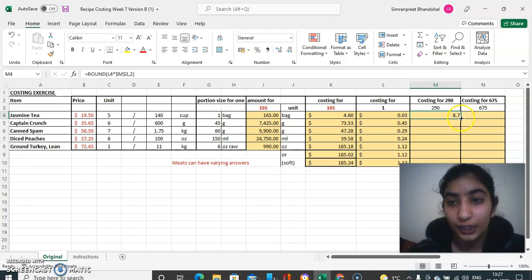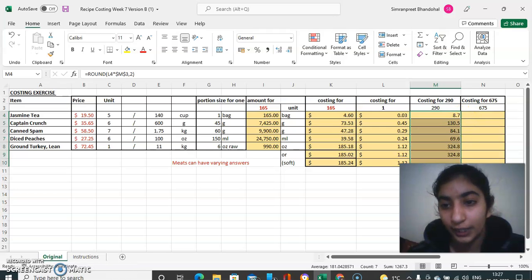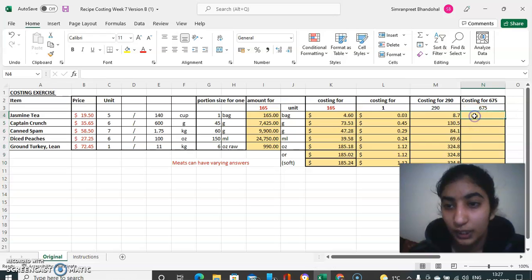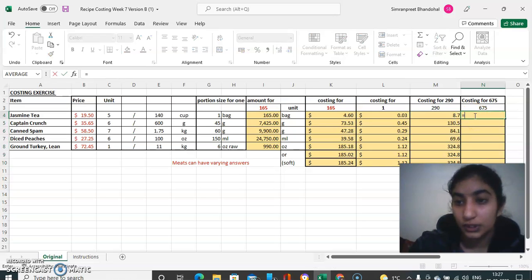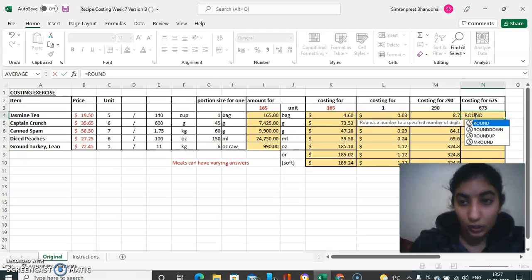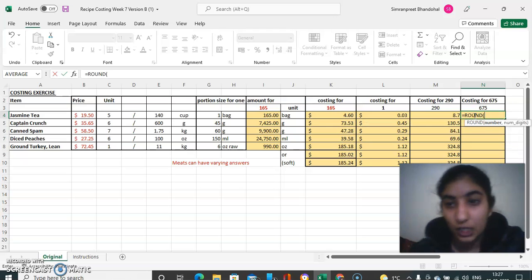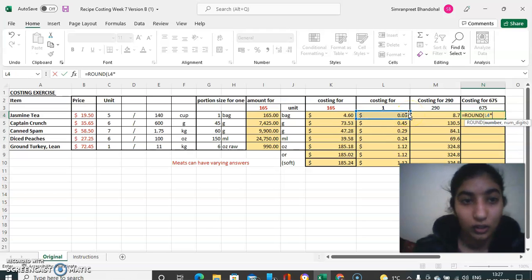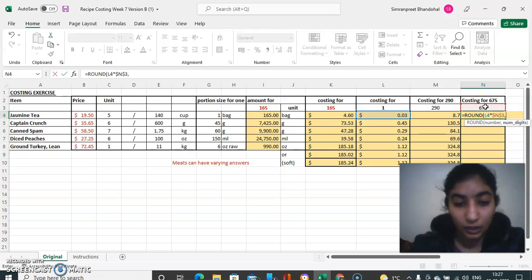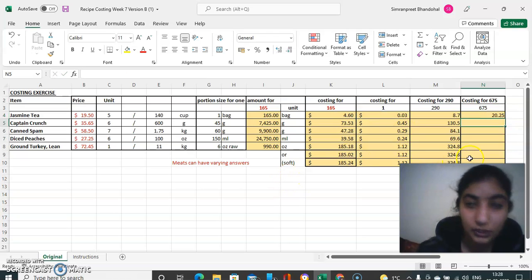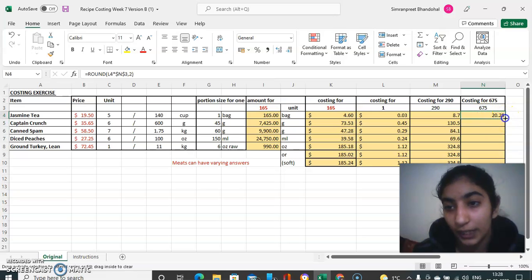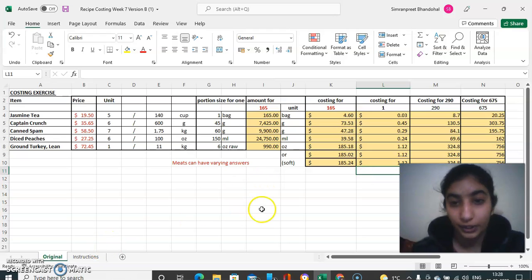The same we did for the other, we will drag it down to get the values. The same is for cost for 675, but the only thing to remember here is to always round it to 2 and also to do absolute cell referencing so that we can make sure we are getting the right results instead of getting wrong values from our handwritten calculations.